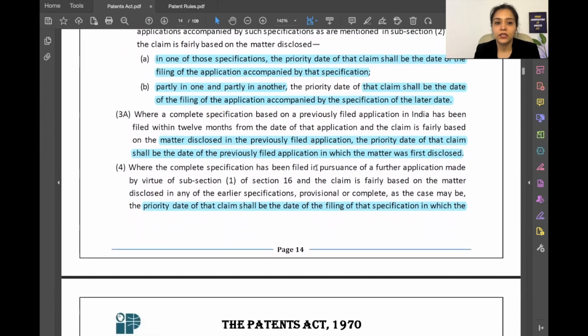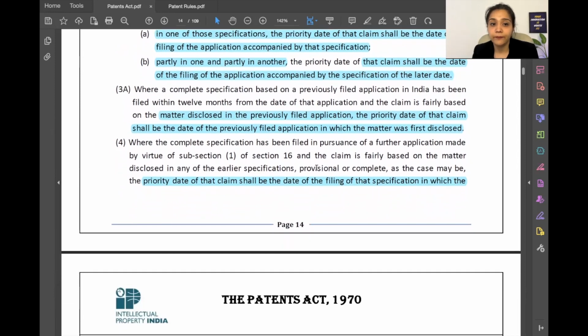So next, let's come to clause 3A, where a complete specification based on a previously filed application in India has been filed within 12 months from the date of application, and the claim is fairly based on subject matter disclosed in the previously filed application.